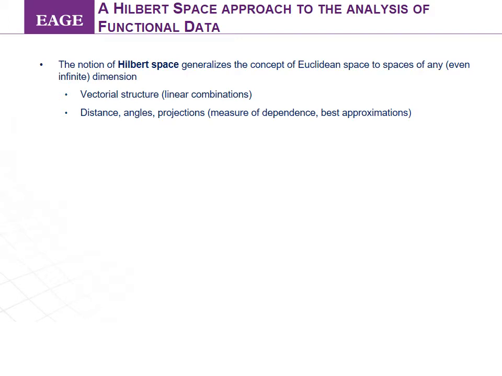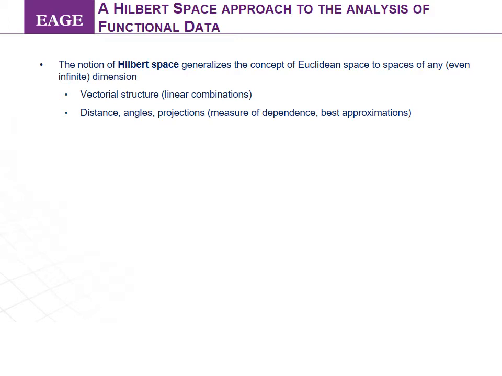Let's now introduce some more ideas about the analysis of functional data and how we represent functions in space. As I mentioned, what we'll eventually be doing is interpolation of functions and not interpolation of scalars. To do that, we have to define a proper space. The notion of Hilbert space is therefore introduced, since it extends the concept of Euclidean spaces to spaces of any dimension.